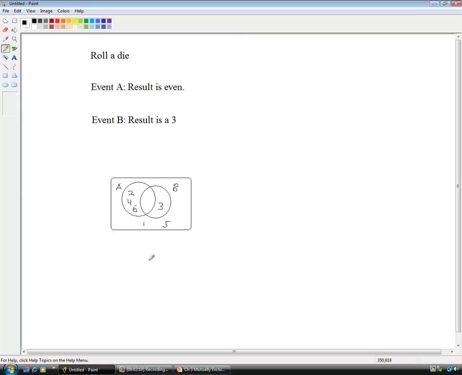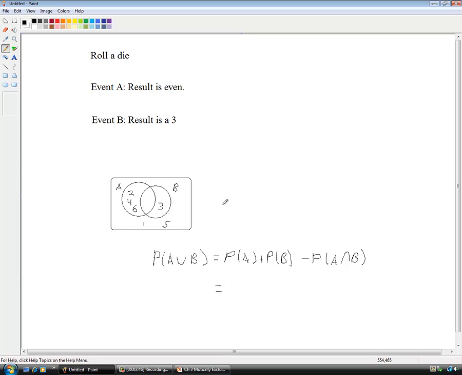So using the actual additive rule of probability, we have the probability of the union is equal to the probability of A plus the probability of B minus the probability of A and B. I'll write this in, but again, this is going to be 0 because they're mutually exclusive.